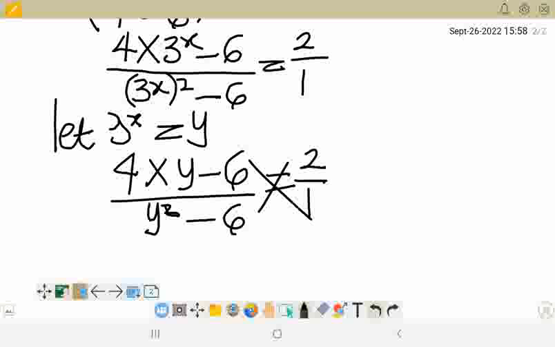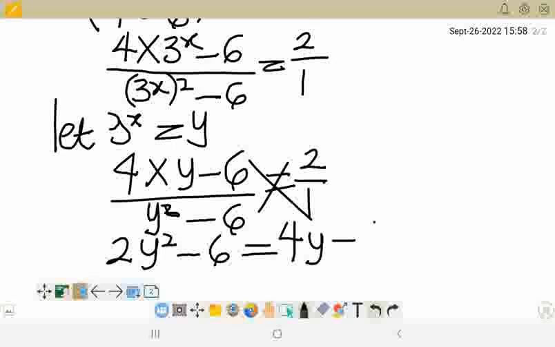If we cross multiply, we have 2y squared minus 6 equals 4y minus 6. Sorry, this is meant to be 12, since 2 times 6 is equal to 12.